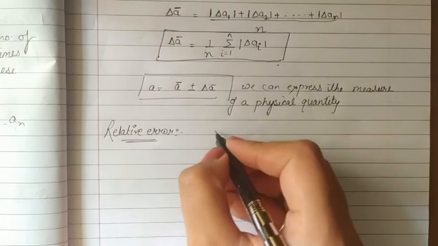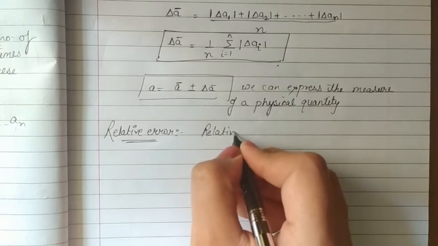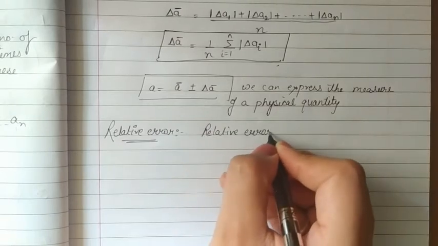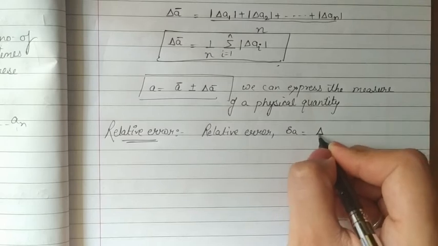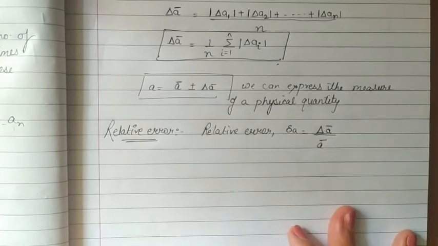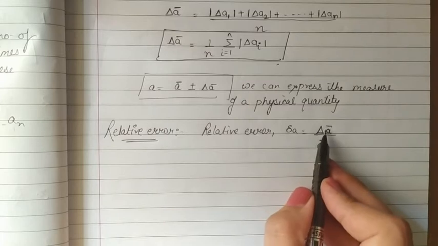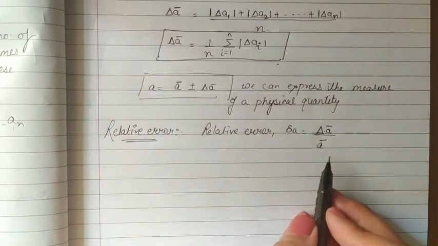So mathematically, we will represent relative error, लिखते हैं इसको, as delta A bar upon A bar. So it is the ratio of its mean absolute error to the true value of the measured quantity. This is called relative error.